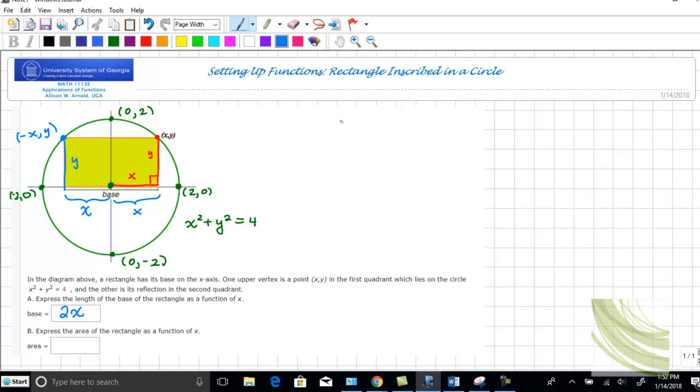Now the area, which is part B here, the area of the rectangle is the length of its base times its height. And we want to express this area in terms of x.